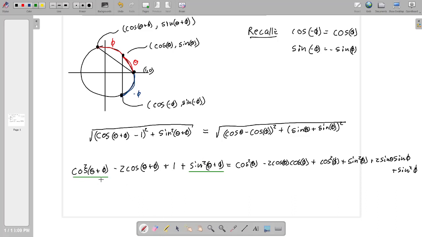Since they're being added together, we essentially have the Pythagorean identity, which is sine squared x plus cosine squared x is equal to 1. Now notice that our x in this case is just theta plus phi. If we replace x with theta plus phi, we have sine squared of theta plus phi, which is sine squared x, plus cosine squared of theta plus phi, which is cosine squared x. So these two things will simplify to 1.